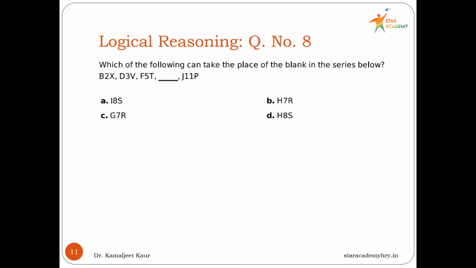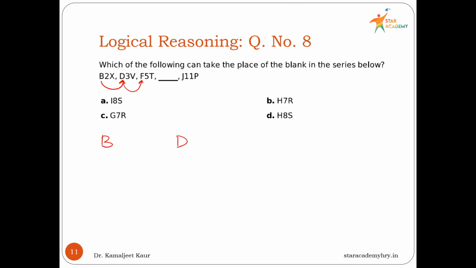So the next question is: which of the following can take the place of the blank in the series below? So here, let's check what the series is. B2x, D3b, B. So here we can see that this is moving in the forward direction. And how many steps? Let's find out.